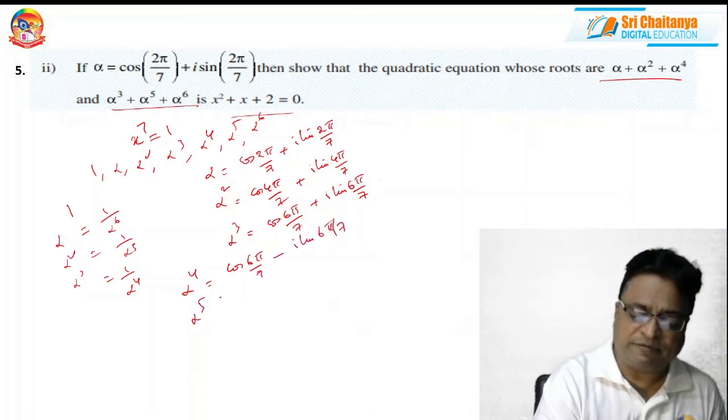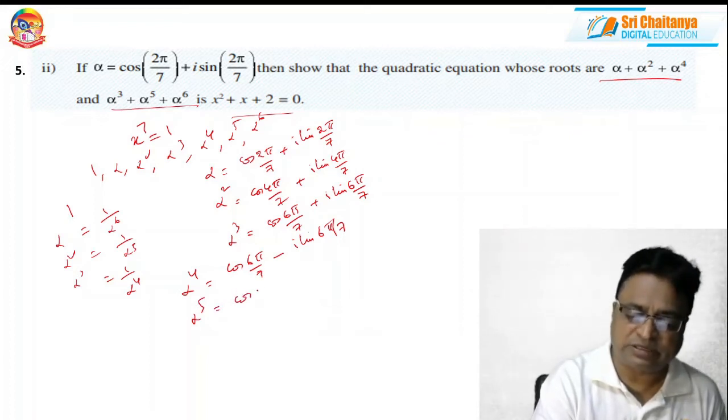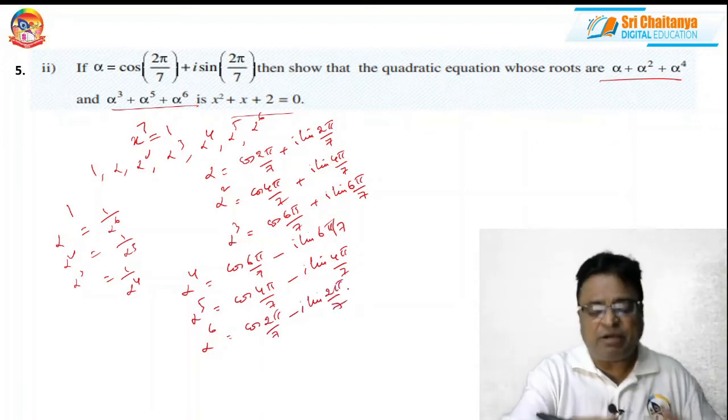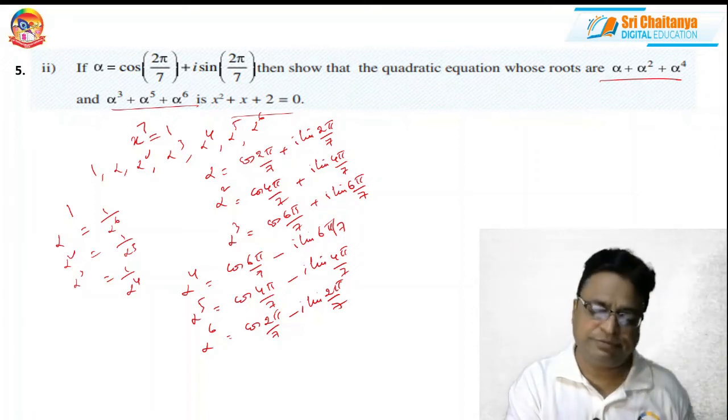And what is alpha power 5? I can write 1 by alpha square, that is cos 4 pi by 7 minus i sin 4 pi by 7. And what is my alpha power 6? That is cos 2 pi by 7 minus i sin 2 pi by 7. If you are writing all this information very quickly on paper, then the problem is in your court.